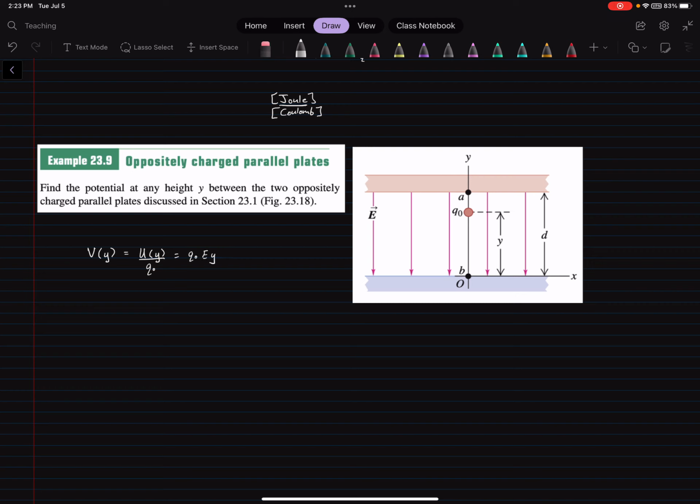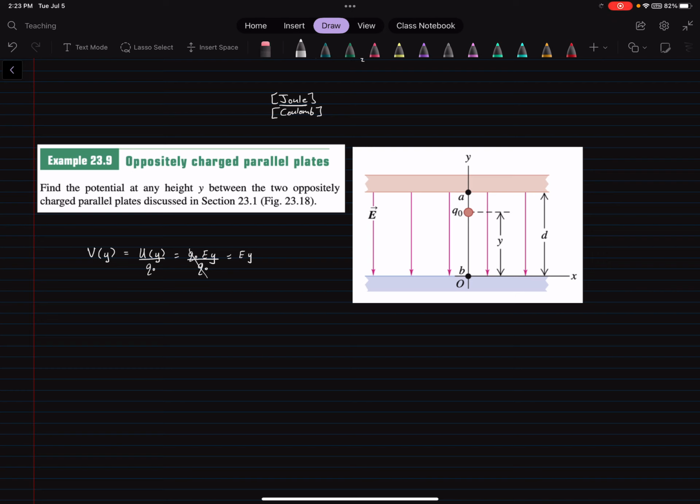That would be the electric potential energy for this Q naught charge, but on a per unit charge basis. So the potential as a function of y is simply equal to E times y, the electric field times how high it is off of the ground. And so naturally potential decreases as we move in the direction of the electric field from the upper to the lower plate.